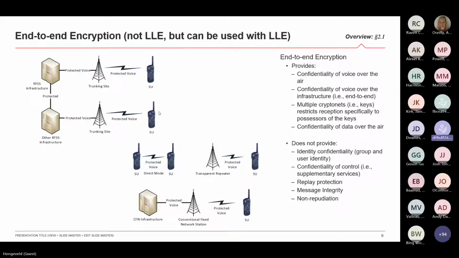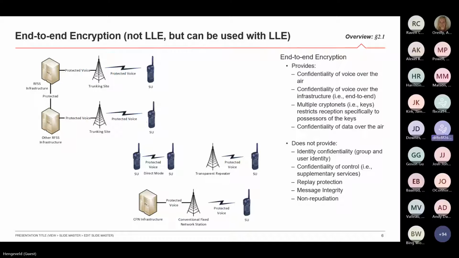Only people who have the specific key for the specific group, or have the specific key for an individual communication or whichever, only those people can participate in the call. Nobody else can. It applies to direct mode, transparent repeat, conventional fixed network. Everywhere, end-to-end encryption really is end-to-end.